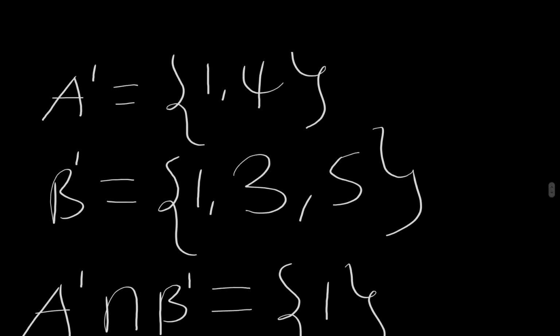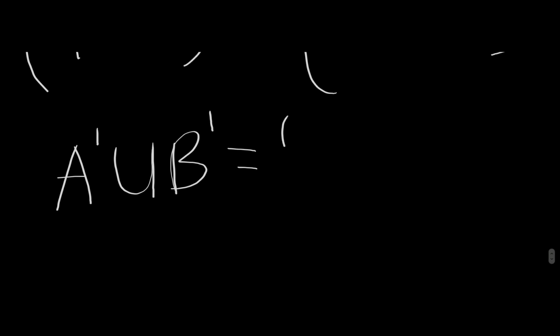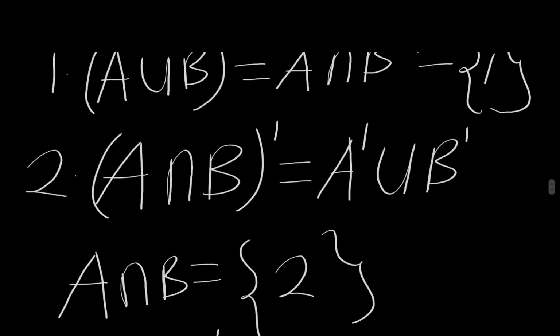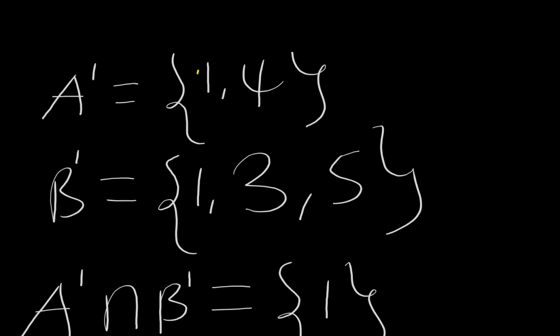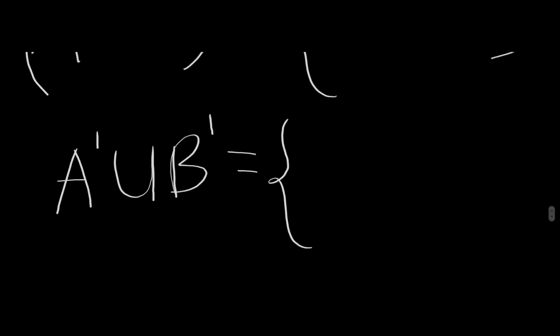So combining these elements in a single set, we shall be having 1, 3, 4, and 5. So A prime union B prime will be 1, 3, 4, and 5.